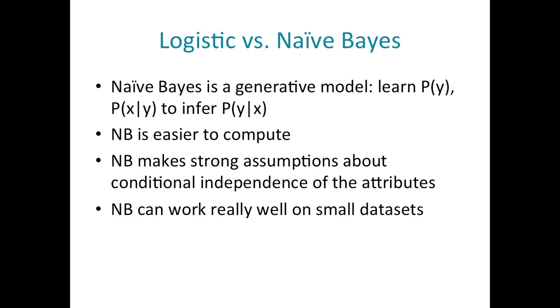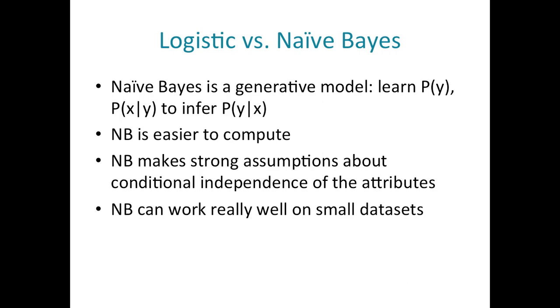It doesn't just learn how to separate two classes, but rather learns how those classes and features are conditionally distributed. We need to learn one conditional probability to infer another one. Because it's based on Bayes' theorem, Naive Bayes in principle is easier to compute. We don't need to learn parameters like we did in logistic regression.